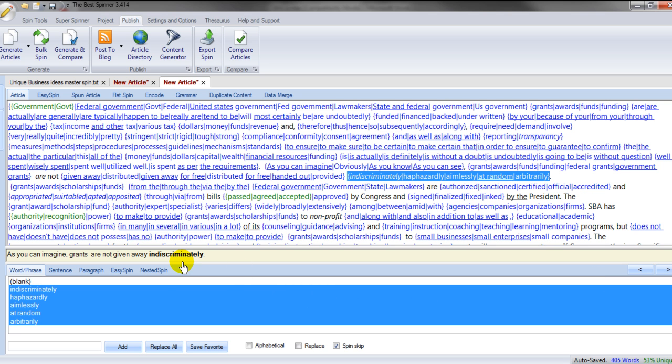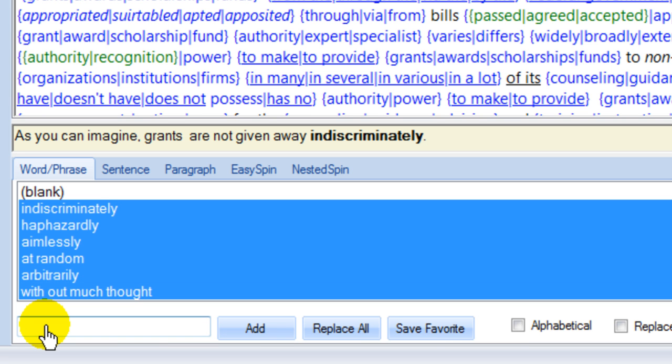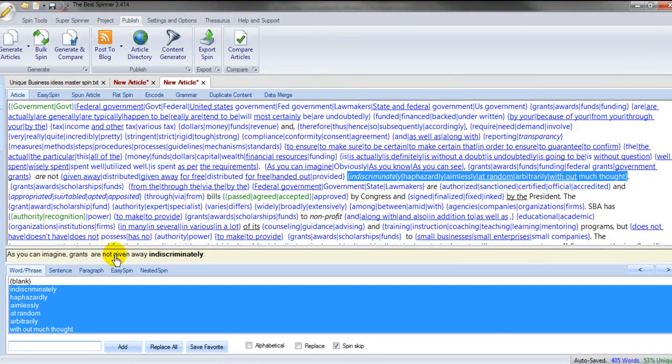It will highlight "indiscriminately," and here are already some keywords chosen from the previous syntax: haphazardly, aimlessly, at random, arbitrarily. You could even add things like "without much thought." So that makes sense: as you can imagine, grants are not given away without much thought or arbitrarily.